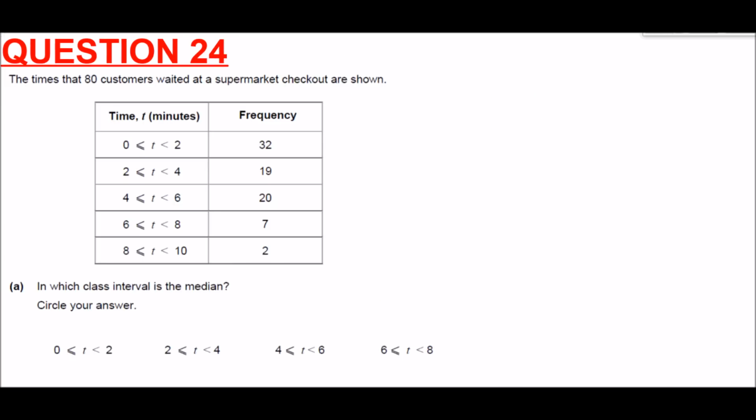Question 24. The times 80 customers waited at a supermarket checkout are shown, and we're asked which class interval the median is in. Class interval just means which one of these groups it is in. Say there's 80 people stood in a line, the median would be about halfway, which would be about the 40th person.